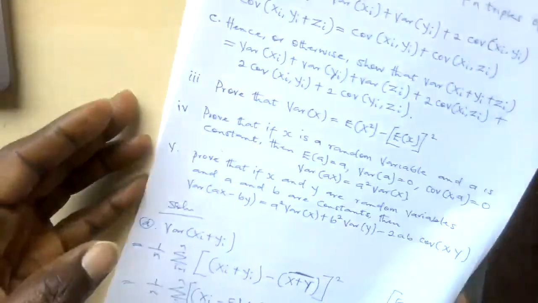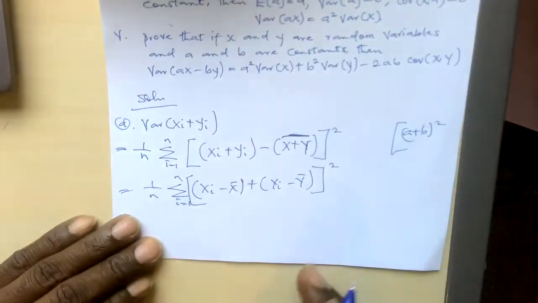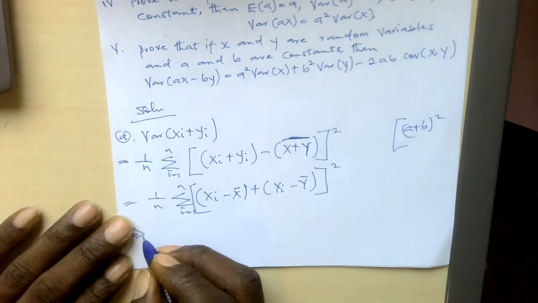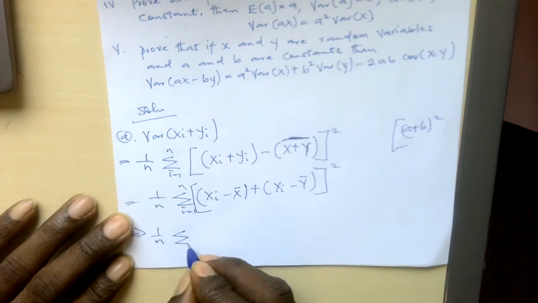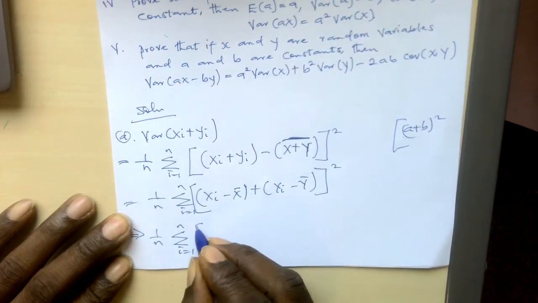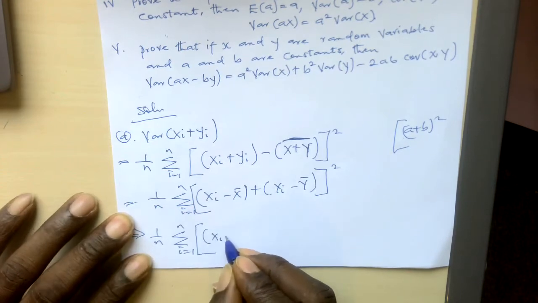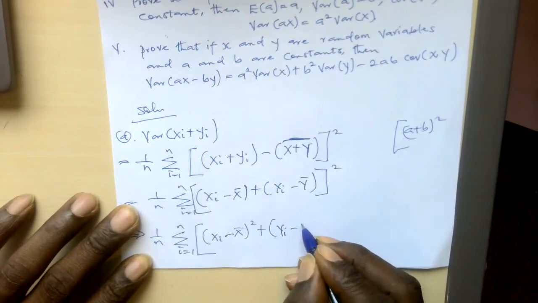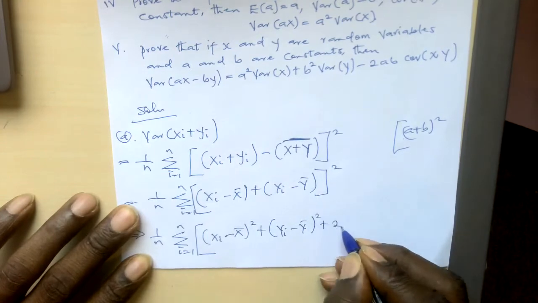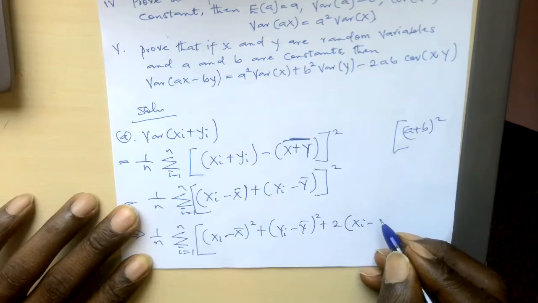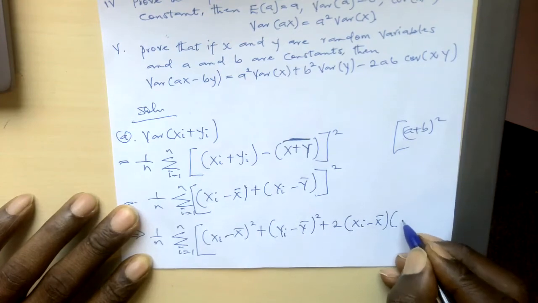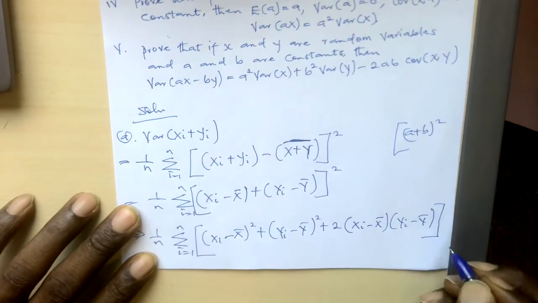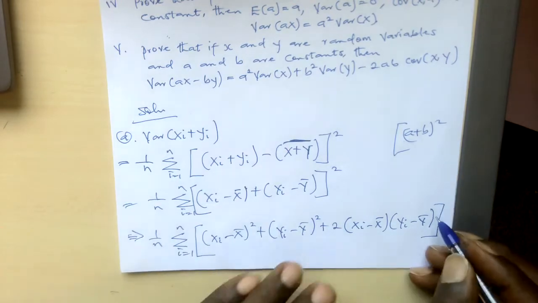When we expand that, we have 1 over n summation i equals 1 to n of xi minus x bar squared plus yi minus y bar squared plus 2 times xi minus x bar times yi minus y bar. Okay, so having expanded this is what we have.